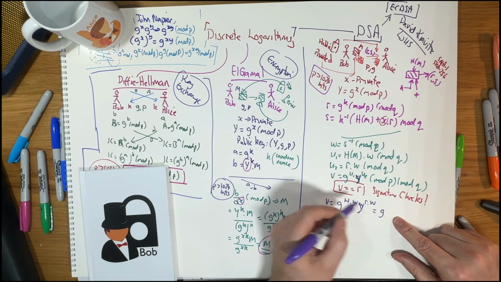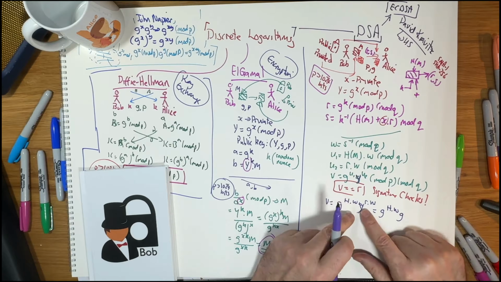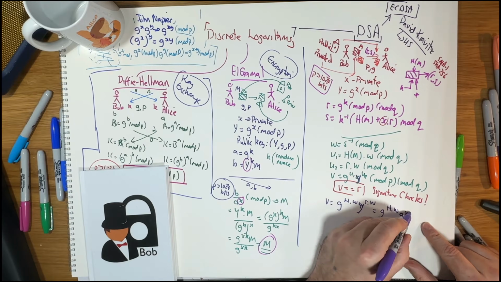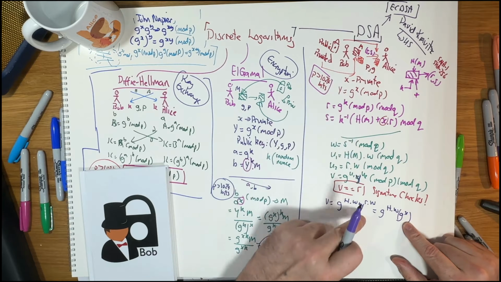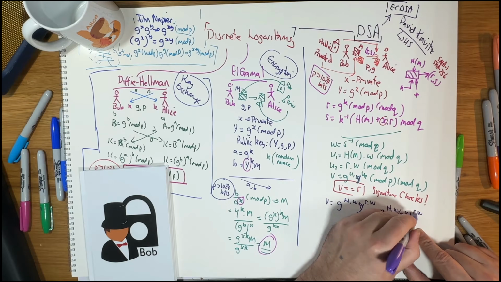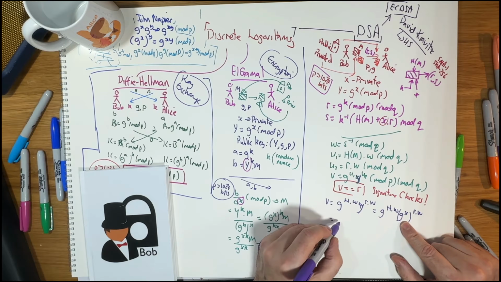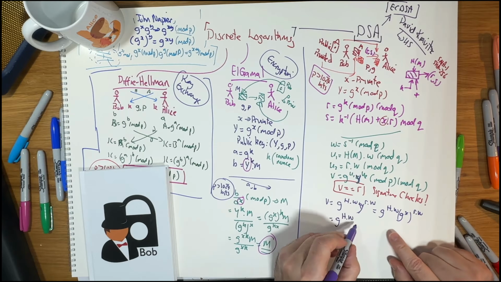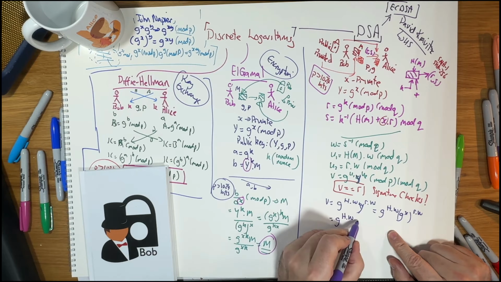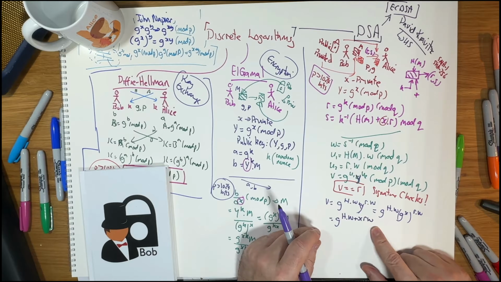So that becomes G to the power of HW, and Y becomes G to the power of X, to the power of RW. If we compute that, then that is HW plus XRW.